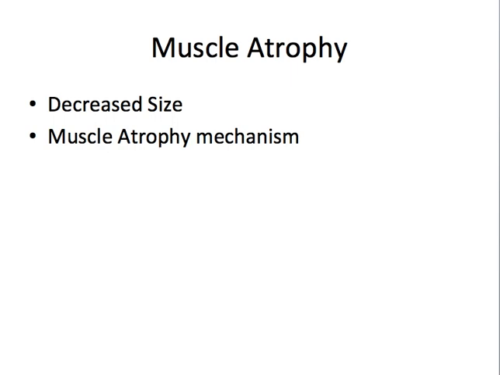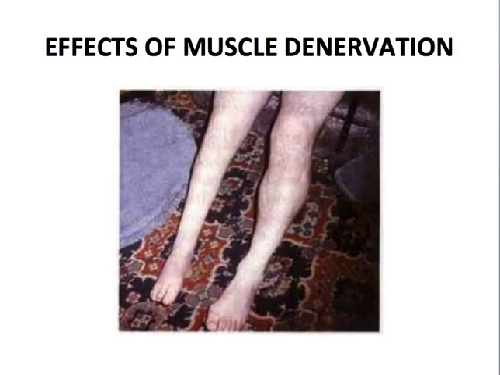So the causes of muscle atrophy include lack of activity, in which case it is called disuse atrophy, and you can see it in a muscle which is placed in a cast.